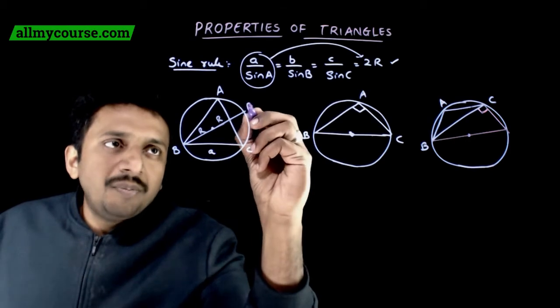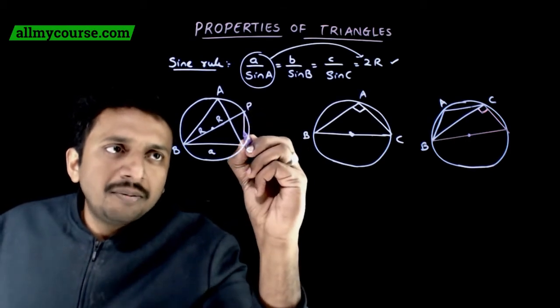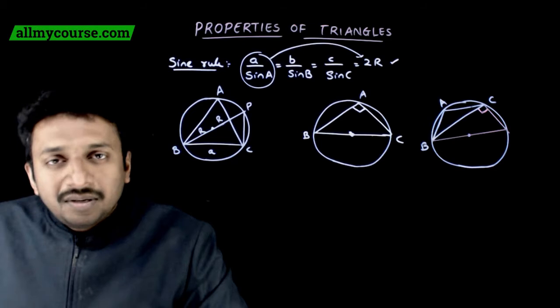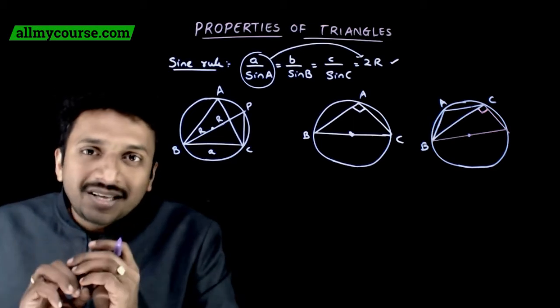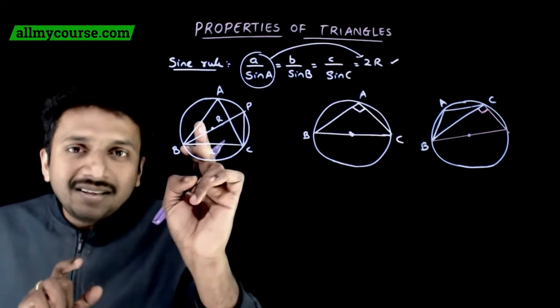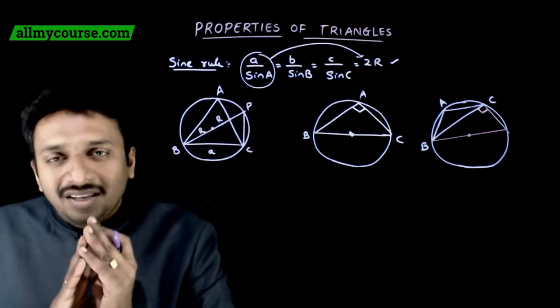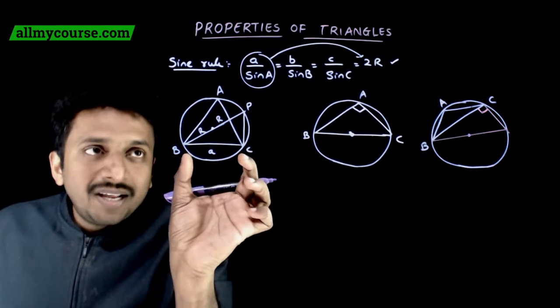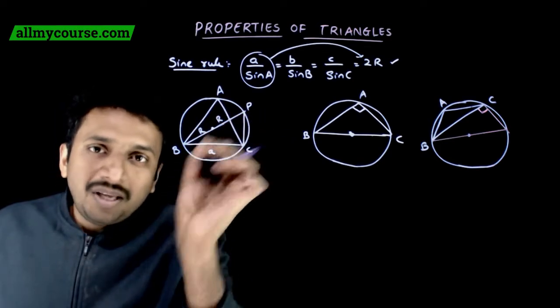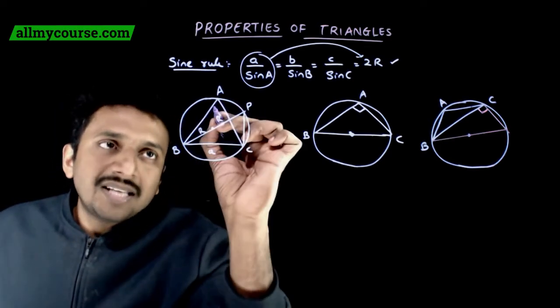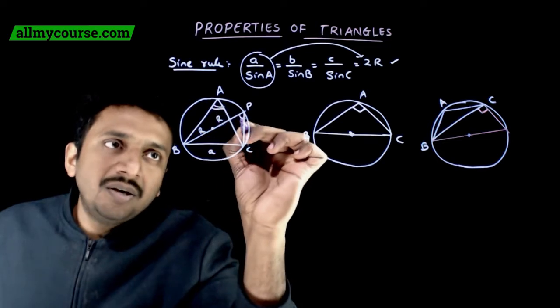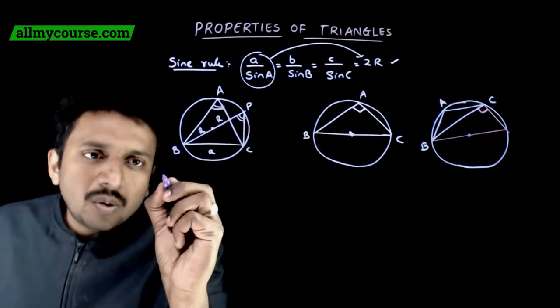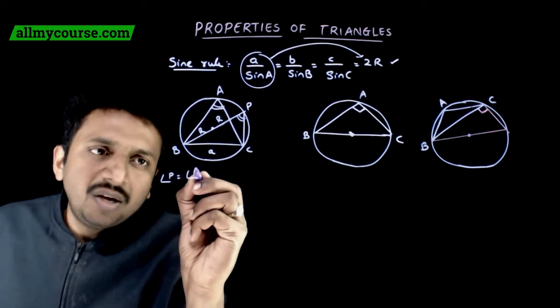Now let this point be P. I'll join PC. Now we have a standard property in circles which says that angles in the same segment are equal. That is, the chord BC is subtending an angle of A as well as P on the same segment. Hence angle A has to be equal to angle P.